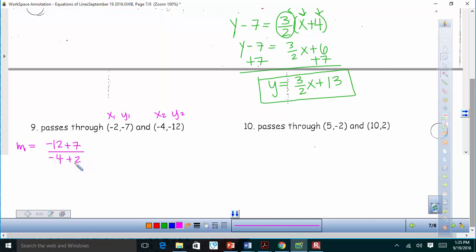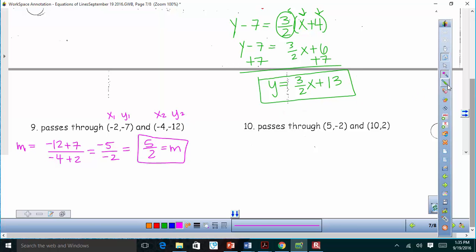If you keep it consistent, though, Christian, like you did, it would work the other way as well. Okay? So a negative 12 plus 7 is what? A negative 5. Okay? And a negative 4 plus 2 is a negative 2. Okay? And so a negative divided by a negative is a positive. So my slope would be positive 5 over 2.